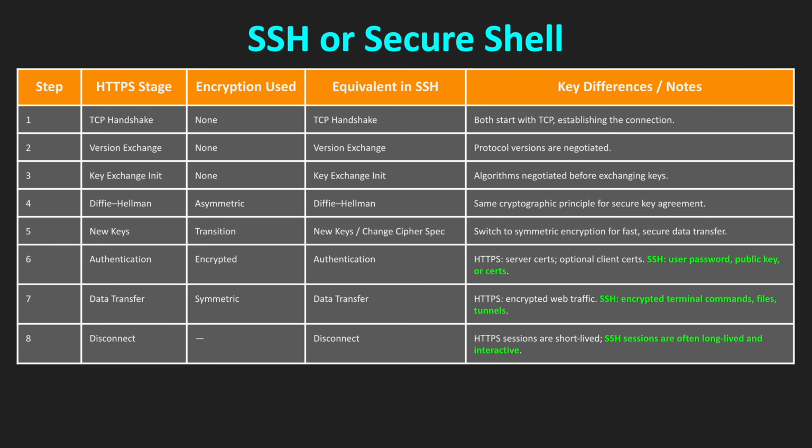If we look at secure shell, it follows exactly the same strategies, exactly the same steps as HTTPS. First it establishes the TCP connection, performs the TCP handshake, then they exchange the key.